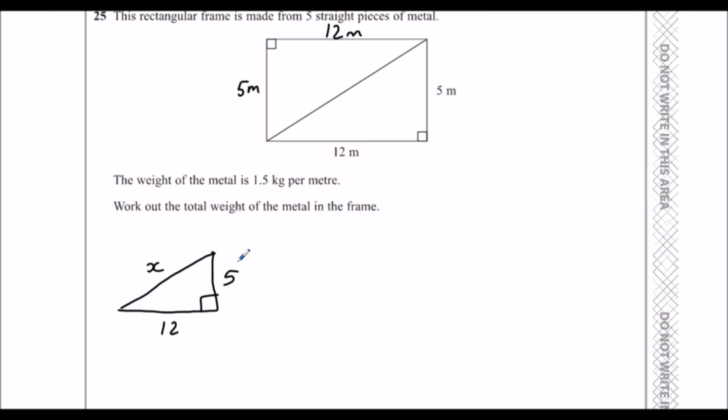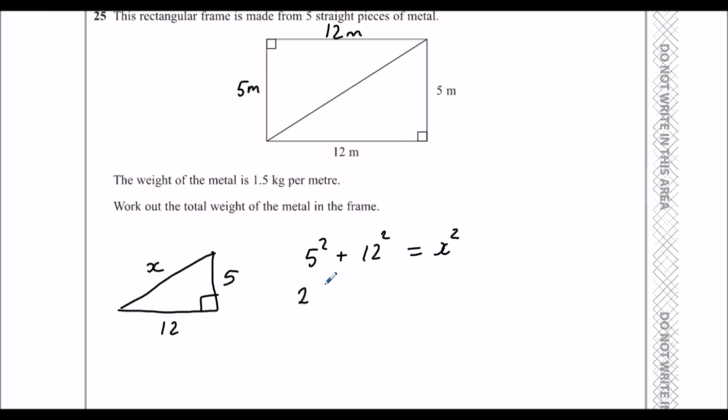Pythagoras says that the two short sides squared add up to make the long side squared. So 5 squared plus 12 squared equals x squared. You might see it as a squared plus b squared equals c squared. So the two short sides squared add up to make the long side squared.